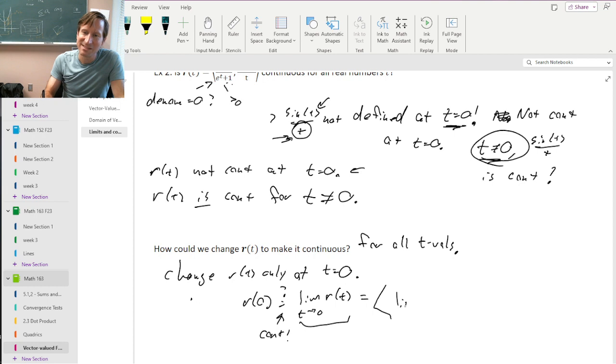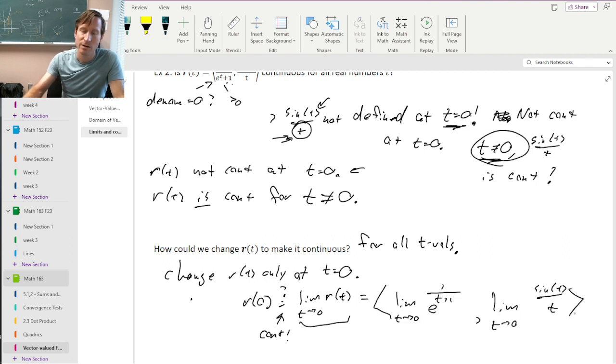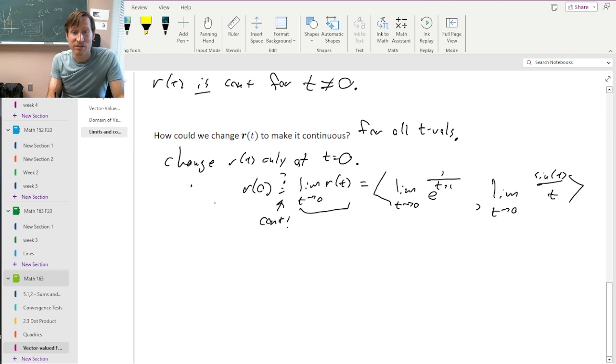Well, it's the limit as t goes to 0 of our x-coordinate function, which is 1 over e to the t plus 1, comma, and then the limit as t goes to 0 of our y-coordinate function, which is sine t over t. To make our function continuous at 0, we have to choose r of 0 to be whatever this limit is.